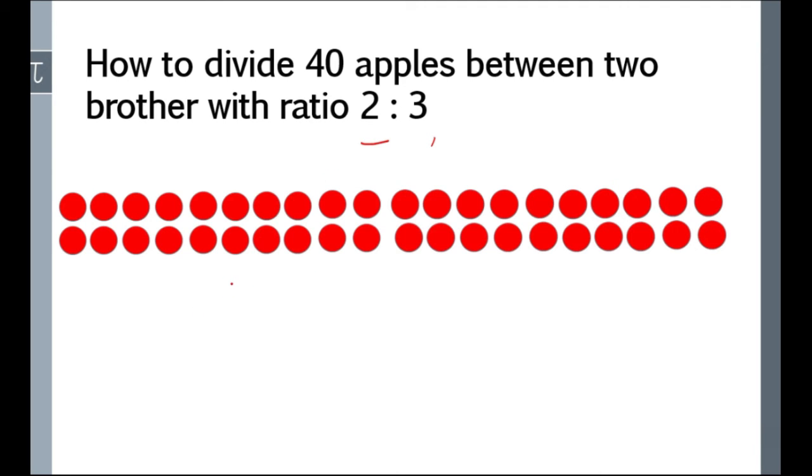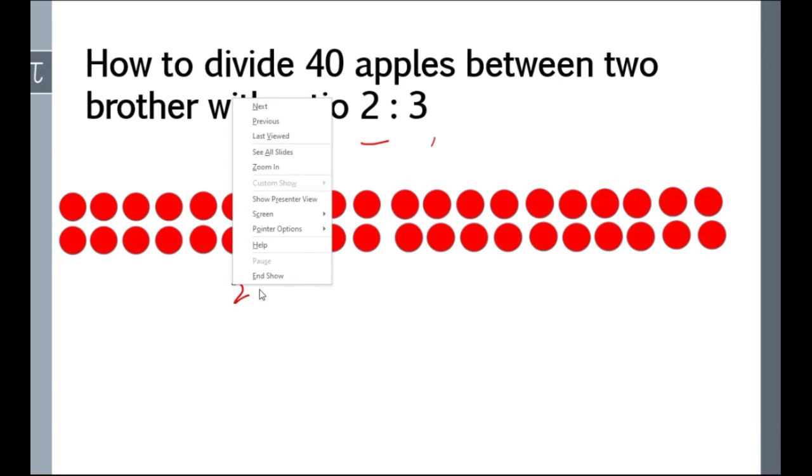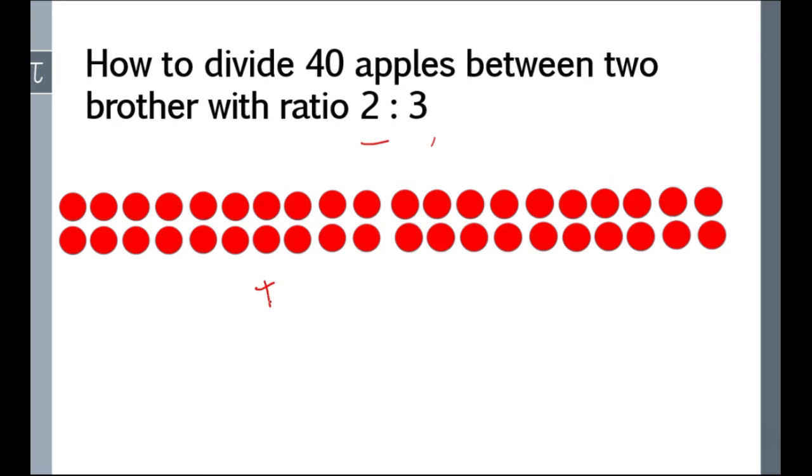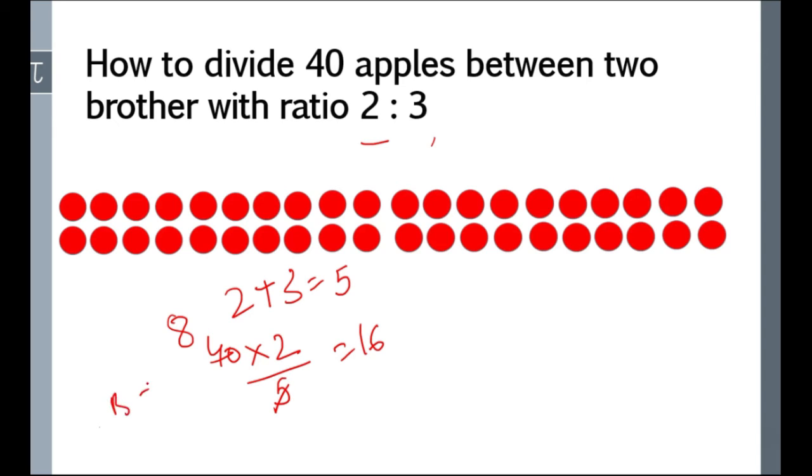So first of all, what is the total? Total of this ratio is 2 plus 3, that is 5, right? So brother 1 will get 40 multiplied by 2 divided by 5. This is 16, right? So brother 1 will get 16.